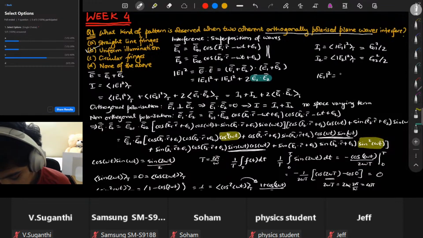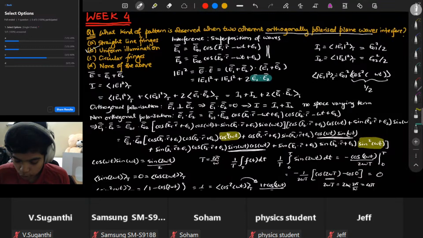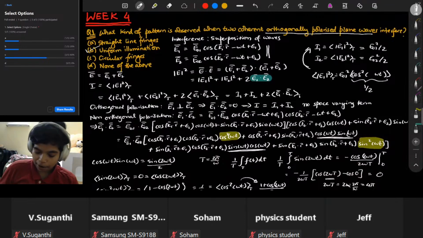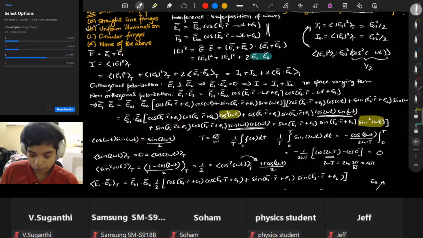It is nothing but E01 squared cos squared, with an omega t term along with some space part, and when you take the time average, the time average of cos squared is not 1, it's 1 by 2. So that's why I1 is the time average of mod E1 squared, which is E01 squared by 2. Similarly for I2.